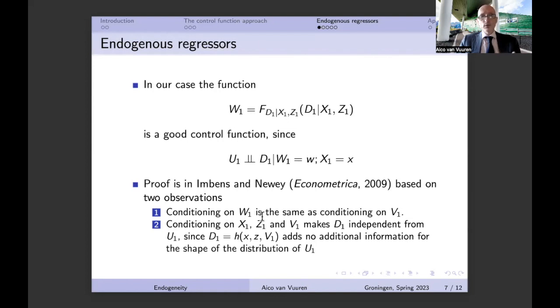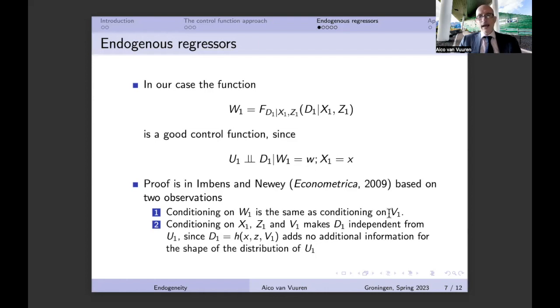It would be nice, of course, if we could observe phi1, and then we could simply say that we're only going to look in our data set at individuals with particular levels of v1, as we also did essentially with respect to the linear regression model. But the problem, of course, is that phi1 is not observed. But the nice thing is that this actually says that we can instead use w1. We can use w1 instead of v1 in order to condition on phi1.